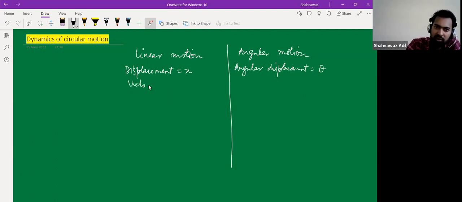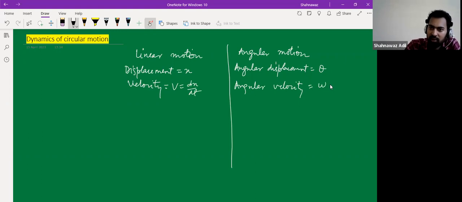Your velocity was v, and angular velocity was omega. So this was dx by dt, and this was d theta by dt. And the linear velocity was related with omega, like v equals omega r.